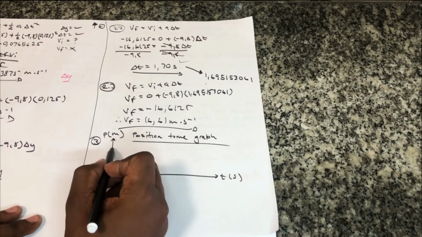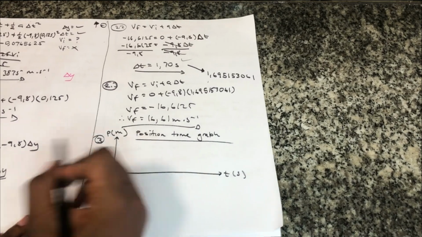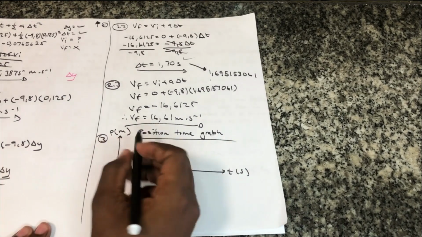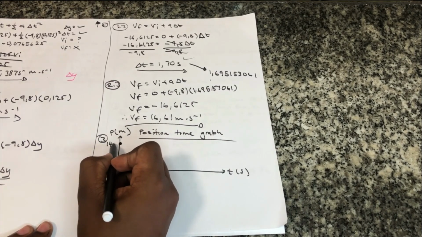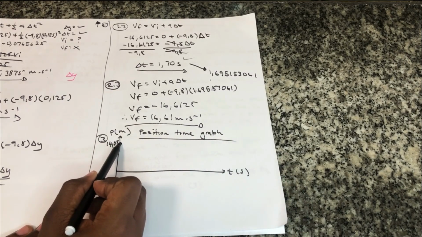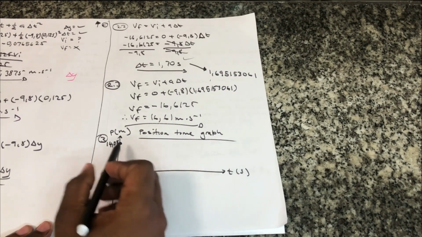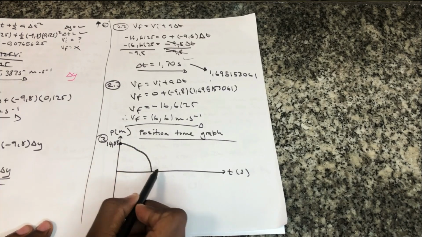All right, how many meters? It was 14.08 meters above the ground, and it fell moving towards the time.